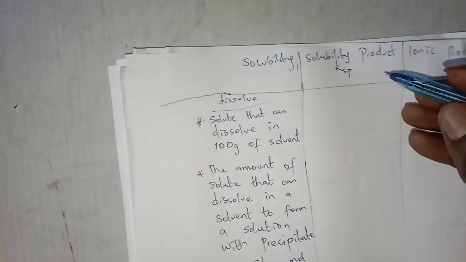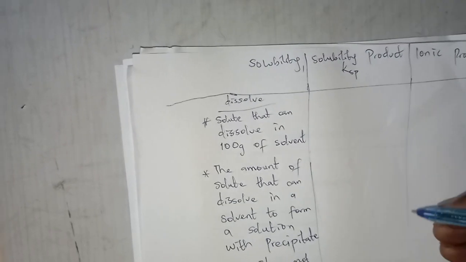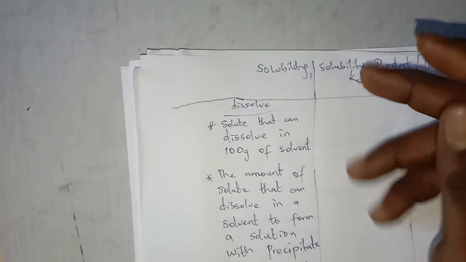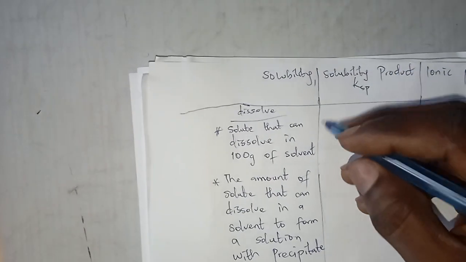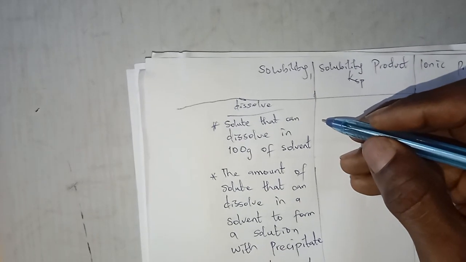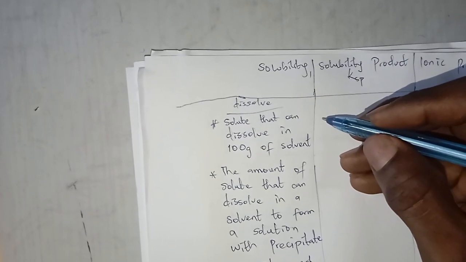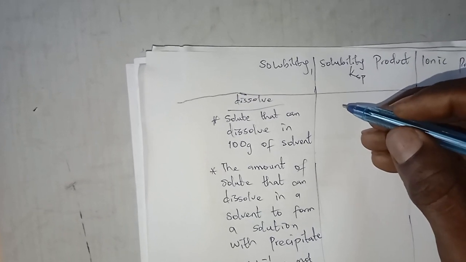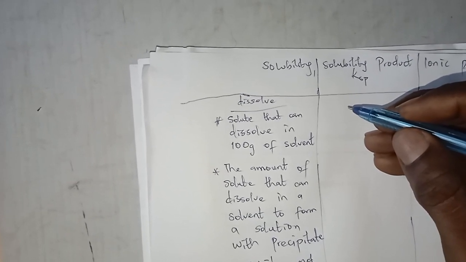Now let's move to solubility product. Solubility product is different from solubility in the sense that solubility product, KSP, is only applied to electrolytes, or solids that are sparingly soluble in water or in solvents.